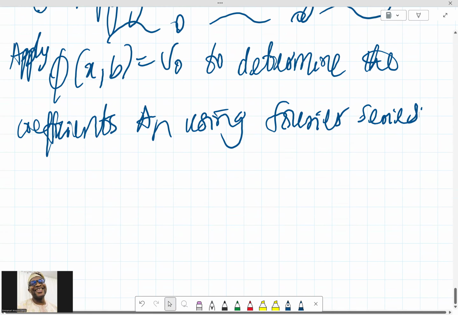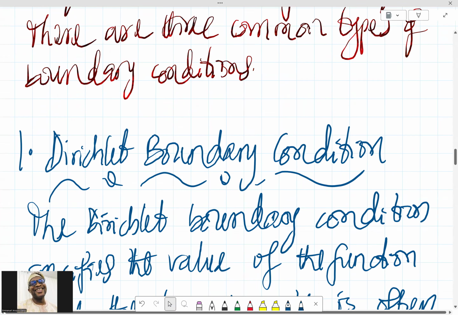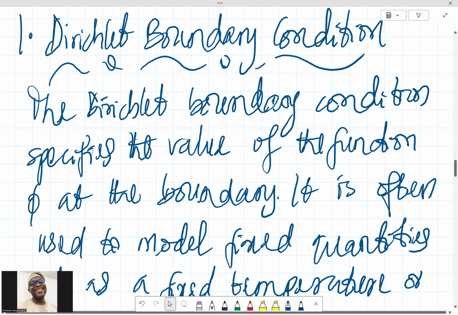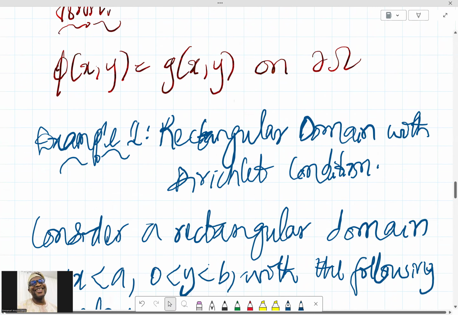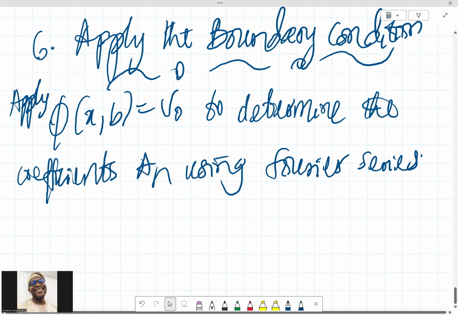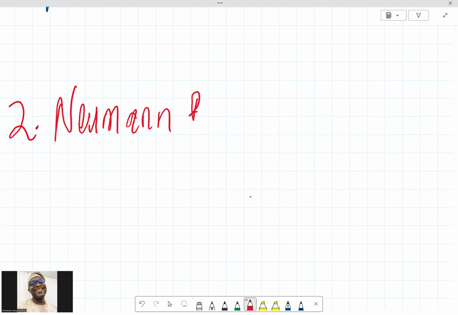Now, we are talking about types of boundary conditions, right? And we've made mention of the Dirichlet boundary condition. So the second type of boundary condition will be what we call the Neumann boundary condition.